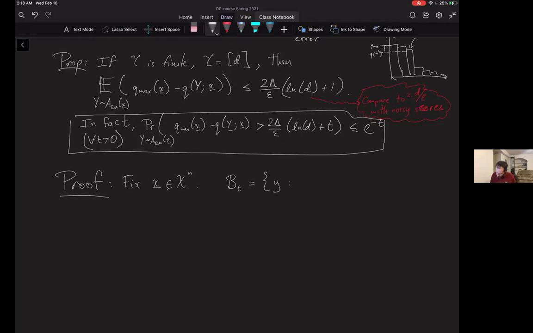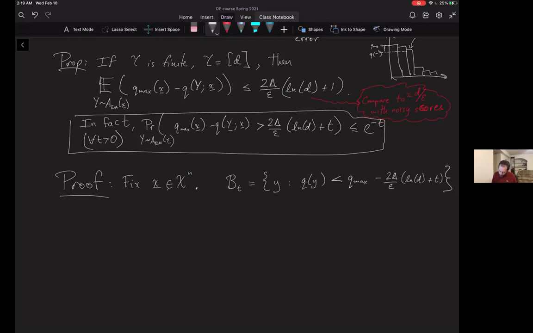These are the set of y's such that the quality of y is less than the quality of the best outcome minus 2 delta log d plus t. Notice I'm dropping the x everywhere. We're only going to work with one X for this proof, so I'm not going to keep on writing it in the score function, just to make the arithmetic more readable.